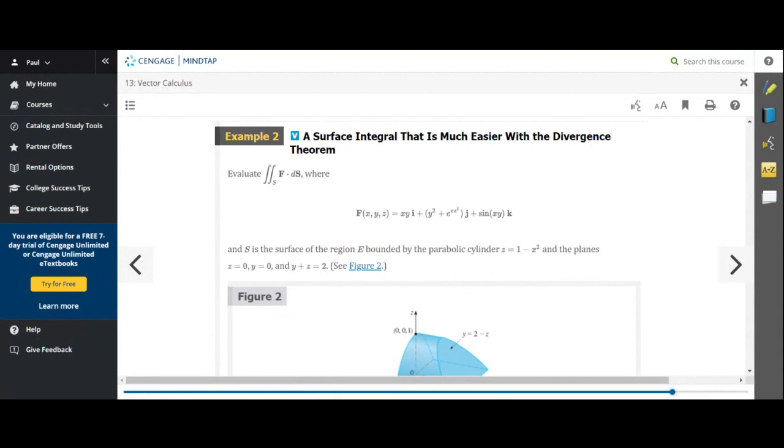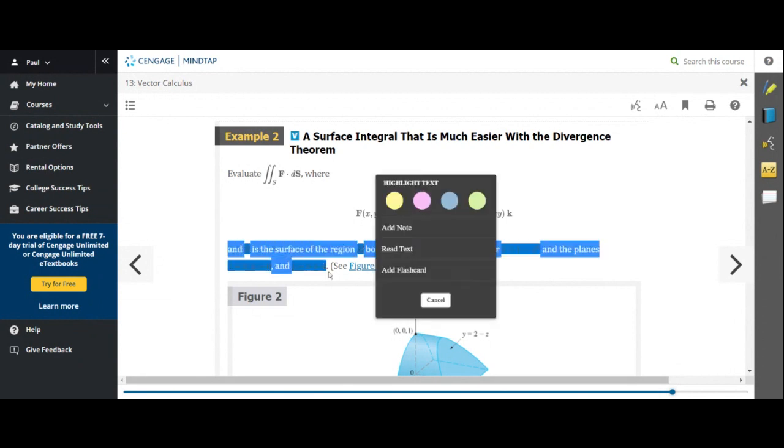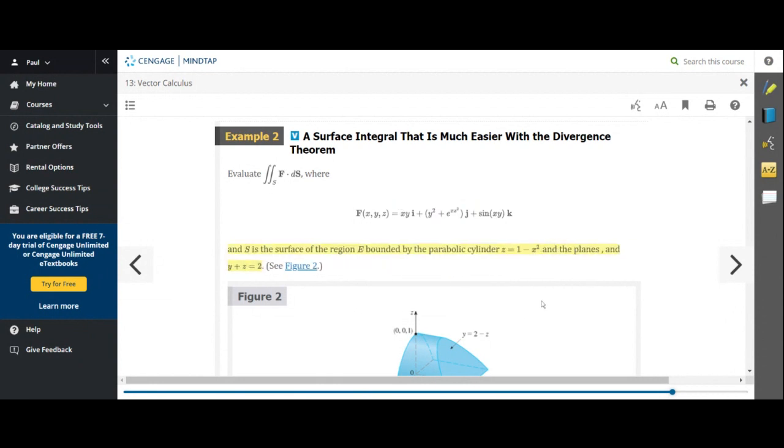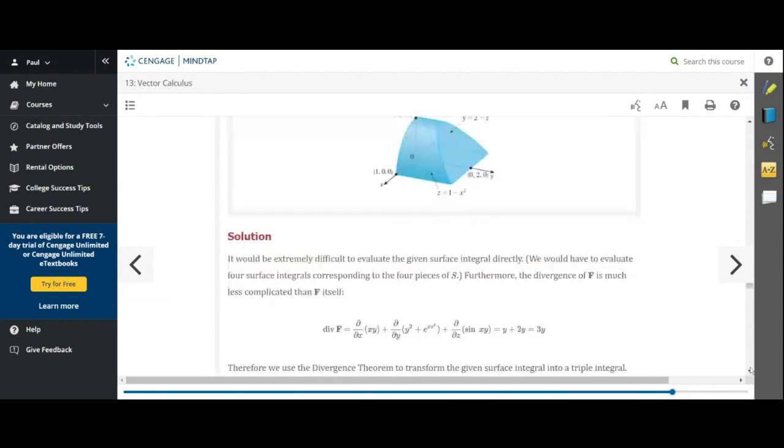They want you to compute the flux across a surface, where the vector field F and the surface S are given there. The surface S, maybe I can highlight it here. The surface S is the region.